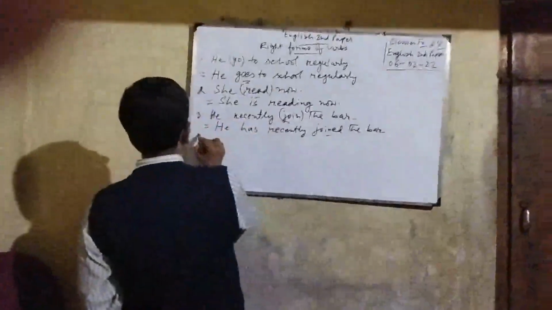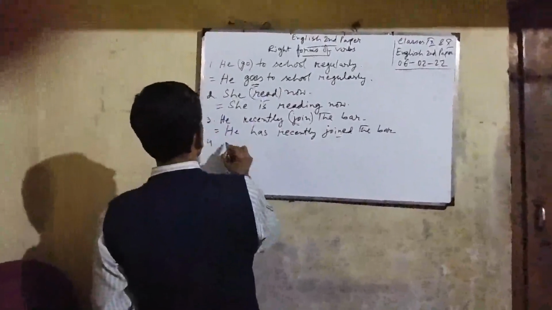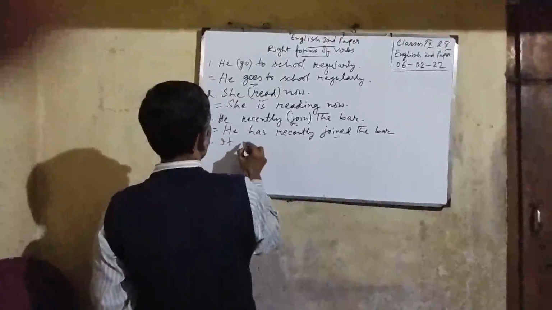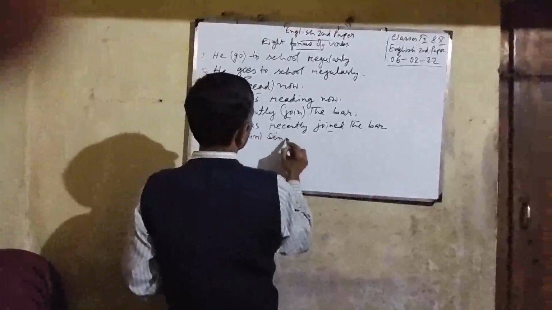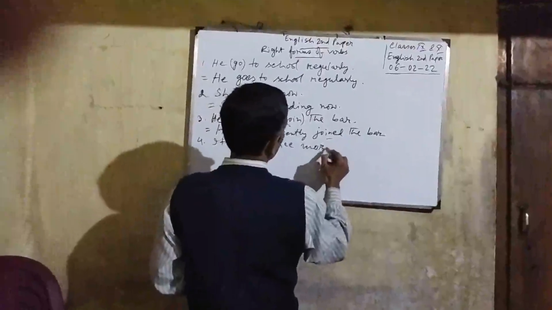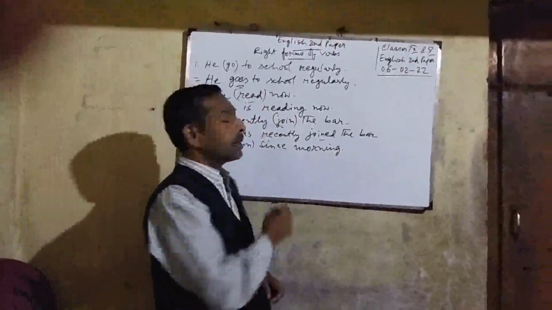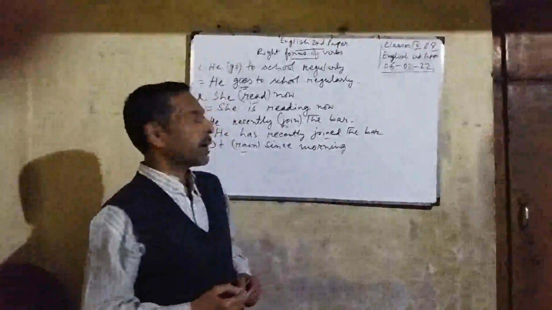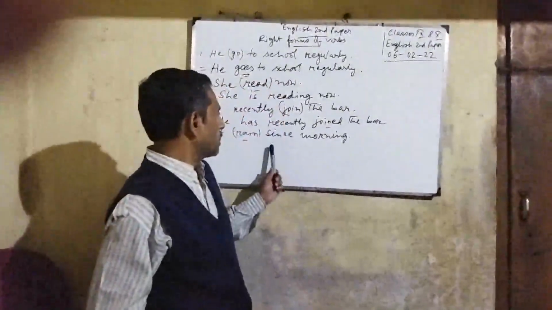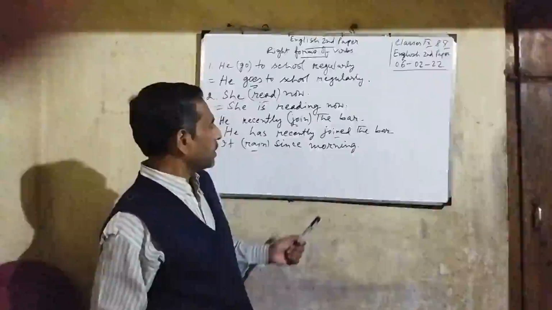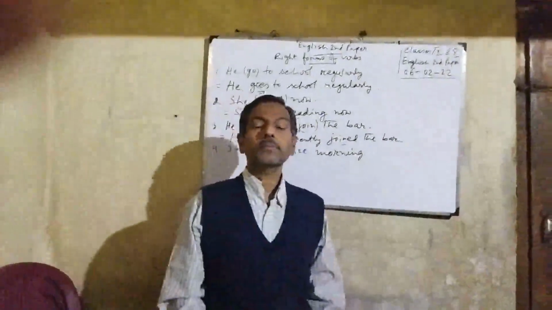Another example of tense: it rain since morning. Here we will write the right form of the verb rain. In this sentence we see a particular time, morning, and before it we see since.